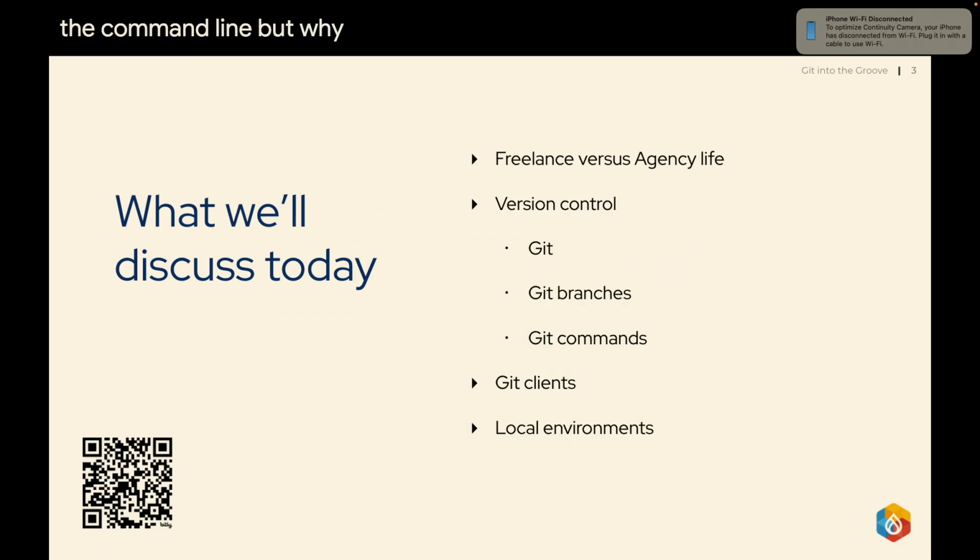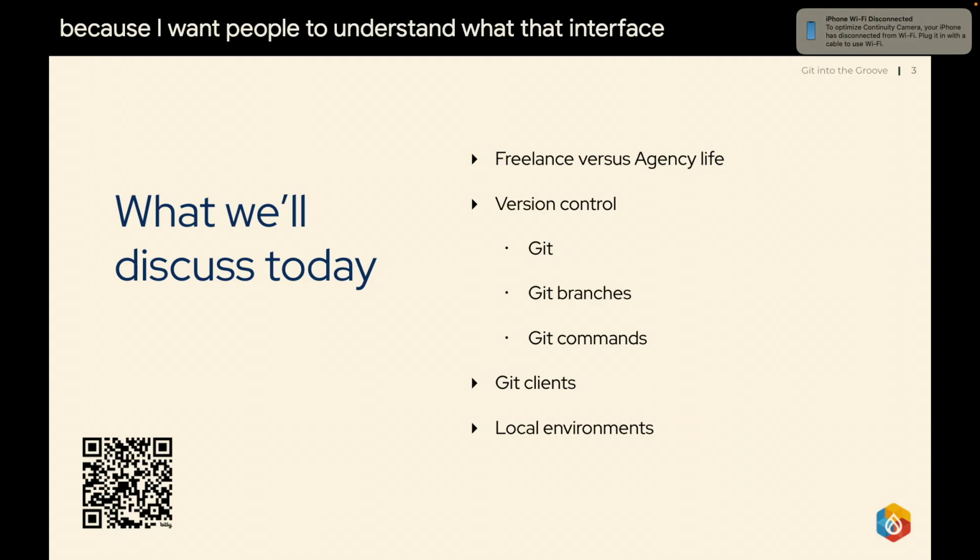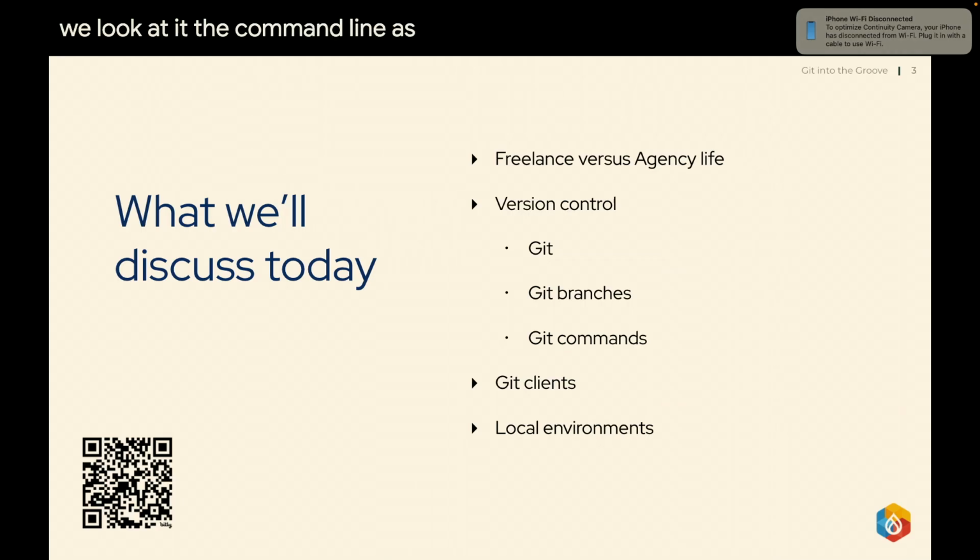I like to look at Git clients in juxtaposition: I will show the command and then we'll look at it in the interface, because I want people to understand what that interface is doing, and that's why we look at the command line as well. And then we'll talk a little bit about local environments, because we all work in Drupal.